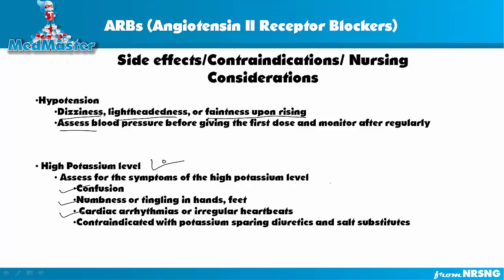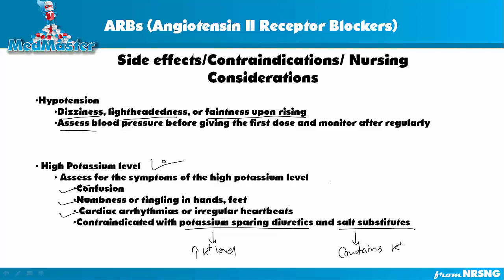Now, since it can increase the potassium level in our body, it is contraindicated with potassium-sparing diuretics and salt substitutes, because the potassium-sparing diuretic is going to increase the potassium level as well, and salt substitute contains potassium.